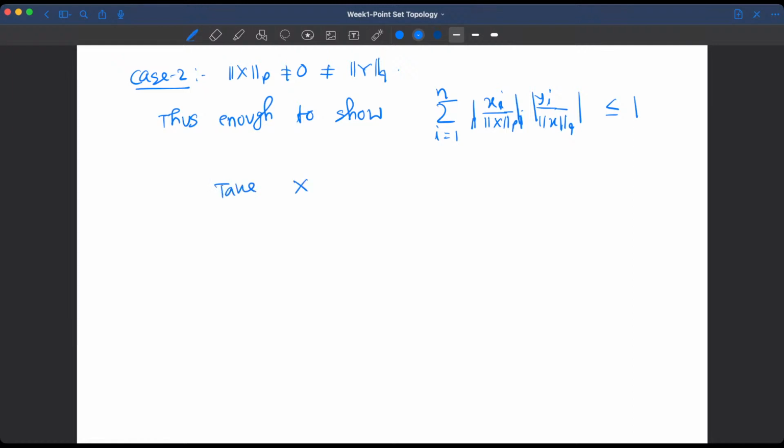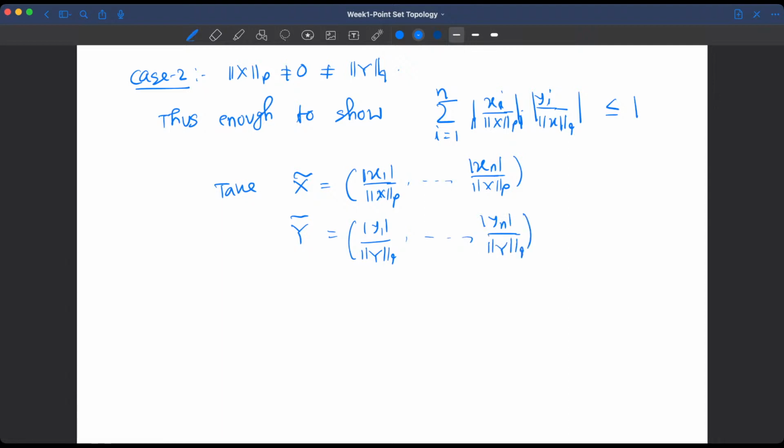Take x tilde, this is just x1 by norm x_p, up to xn by norm x_p, and y tilde is y1 by norm y_q, and so on.